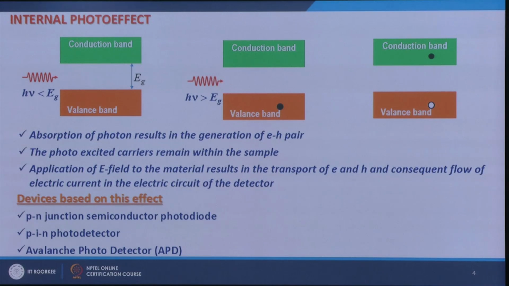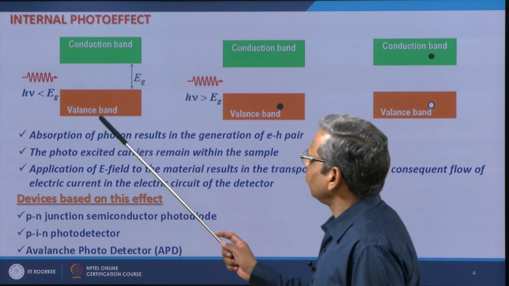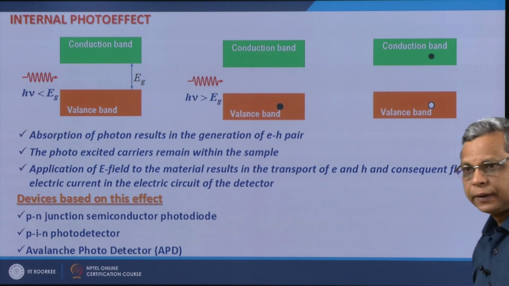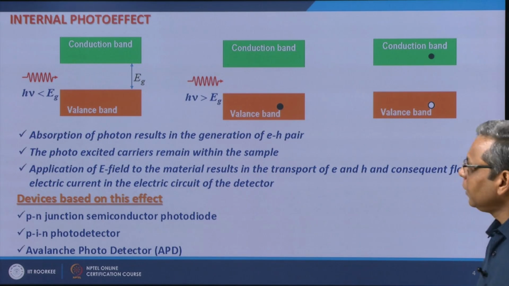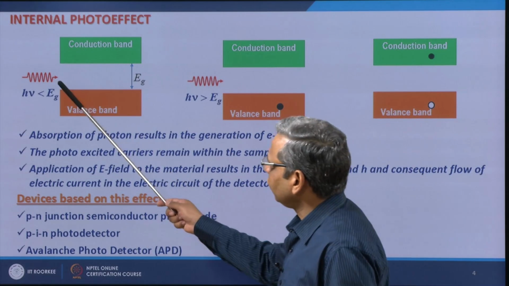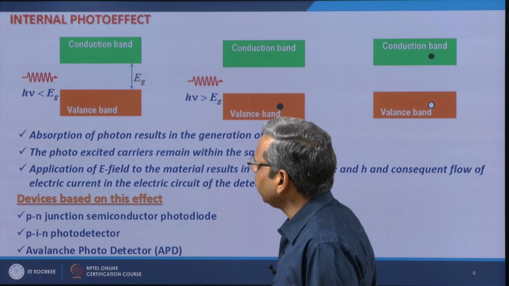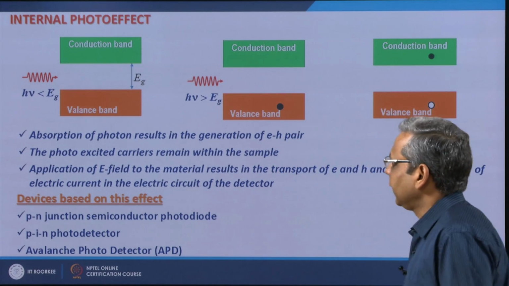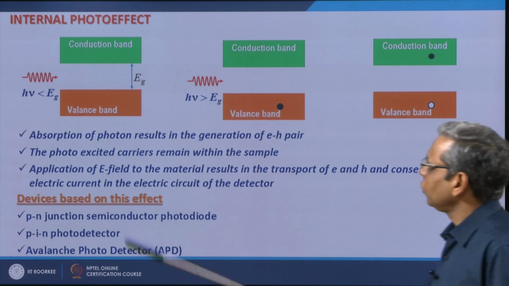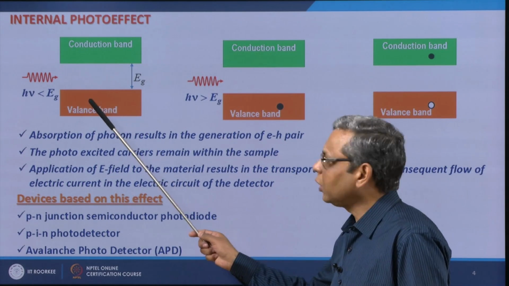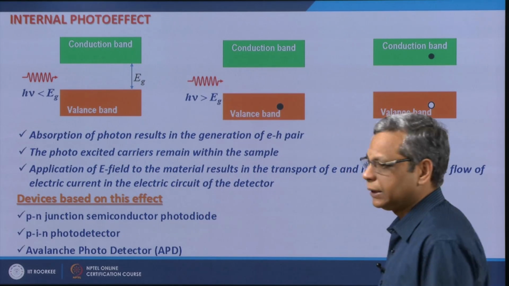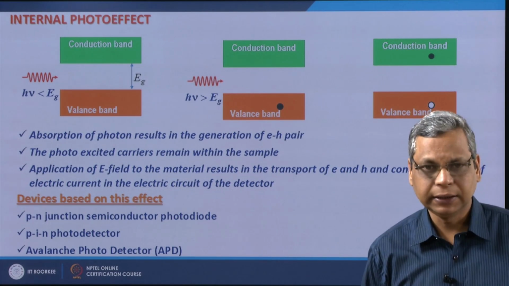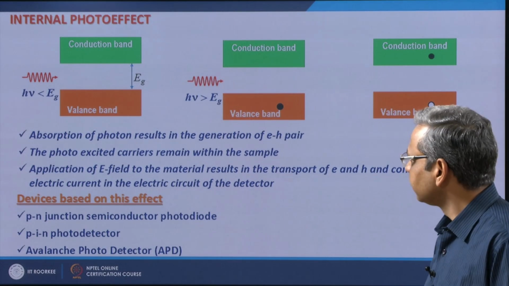Well, we incident a photon onto the semiconductor material, and depending upon how the energy of the photon compares with the band gap energy, this photon can be absorbed or this photon can go through as it is, as if it sees this semiconductor material as a transparent material.